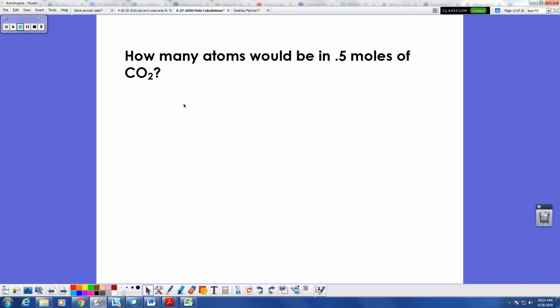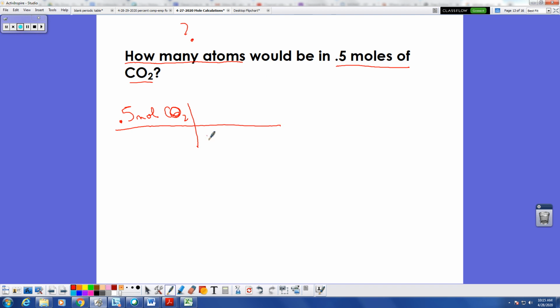So, how many atoms, that's our question, would be in 0.5 moles of CO2? So that's what we're starting with, 0.5 moles CO2. Do our dimensional analysis.